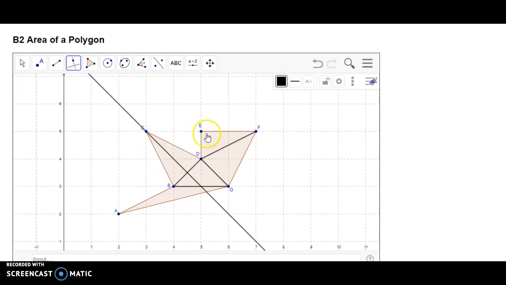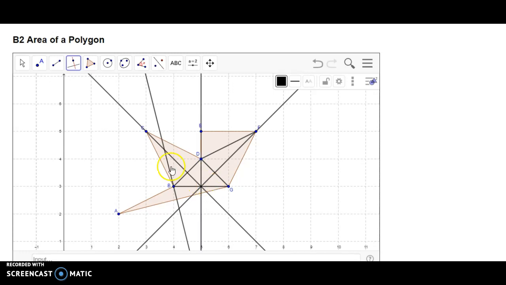So this one doesn't need an altitude because it is already at a 90-degree angle. And that's why we're drawing all the altitudes, to get a 90-degree line. So here and here, and let's just do B and here, and one last one, and there we go.